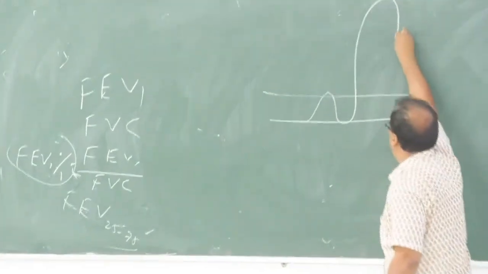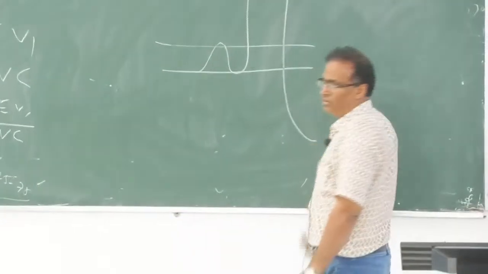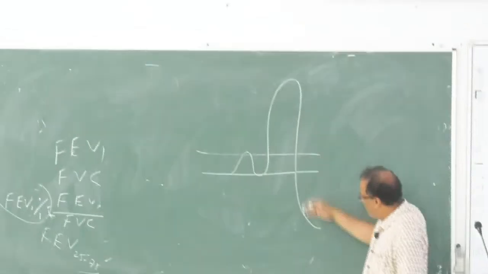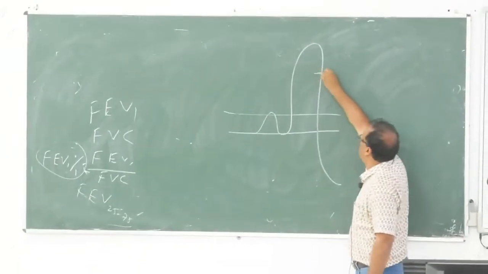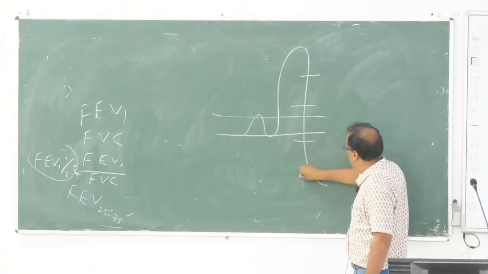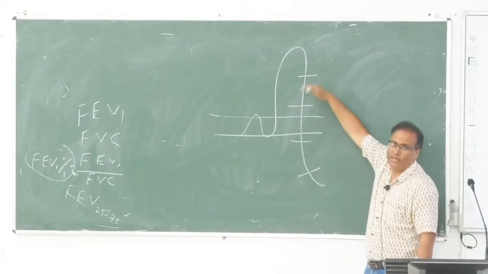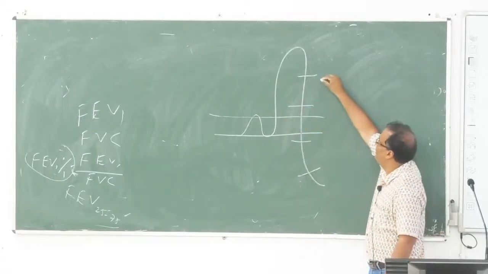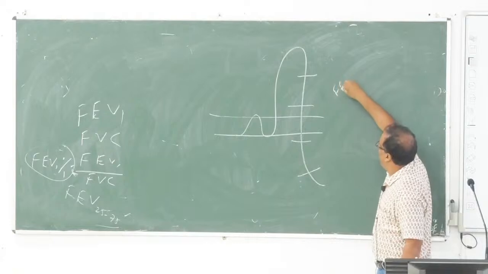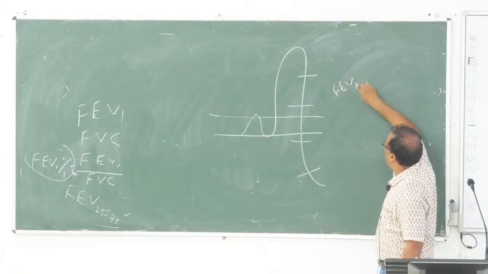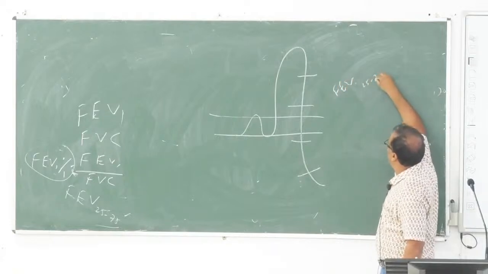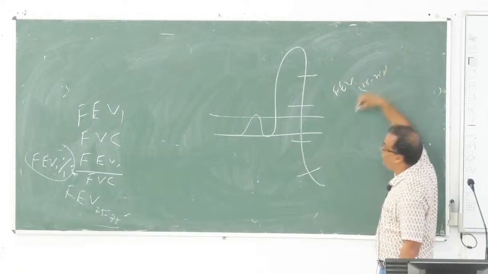Then move them down. There is a bit of this 50 percent. If FEV1 is 1, this is 1.7, and 25 to 75 percent in the second.